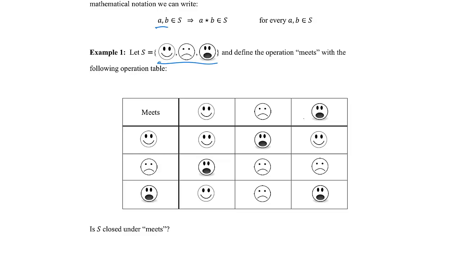So the table below defines what it means for each of our objects to meet one of our other objects. So the result of happy first meeting an unhappy would be a surprised result. And our question is this set that we've made up closed under the operation meets?